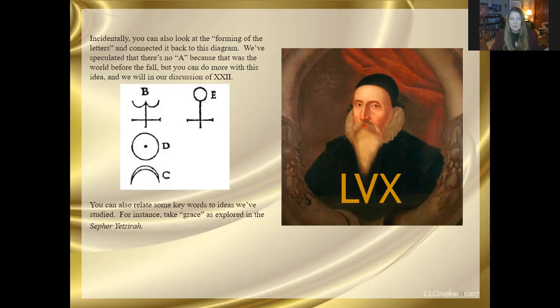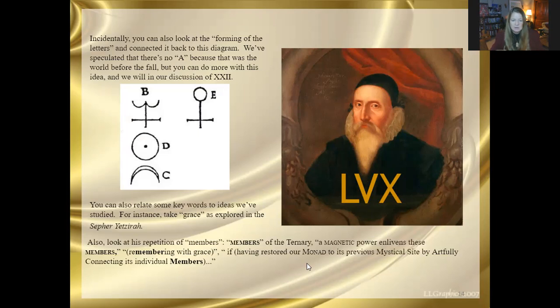Now, if you do that, we're pretty PG rated, but if you want to get racier than that, you can look at his repetition of the word member, understanding that the way that Isis remembered her husband Osiris was a literal phallic reference.